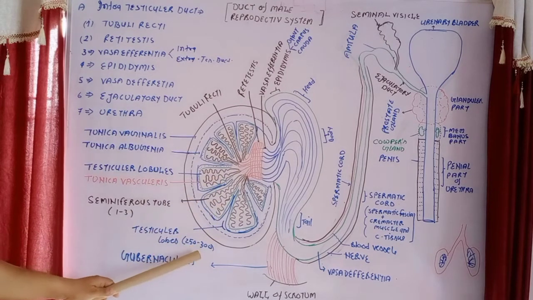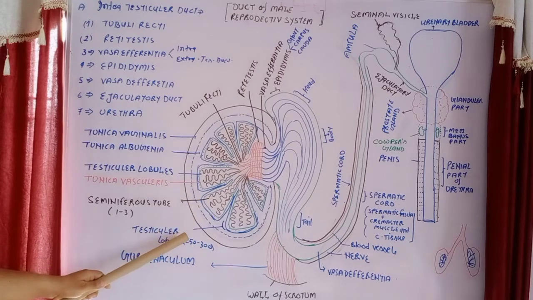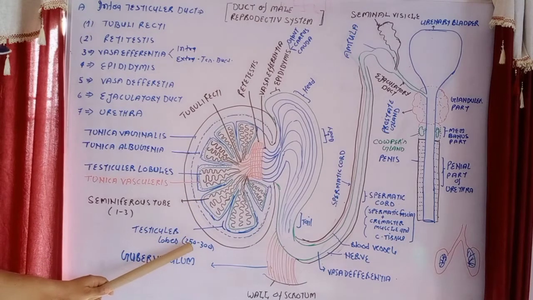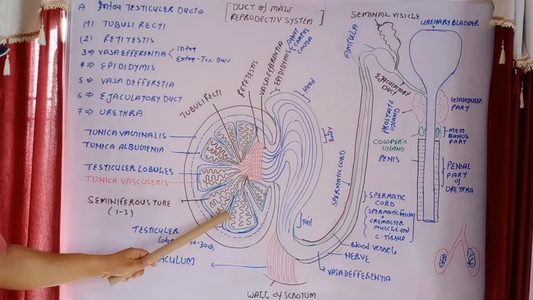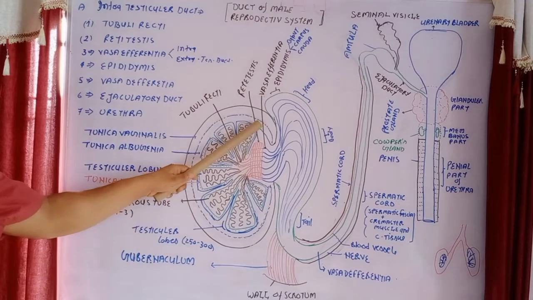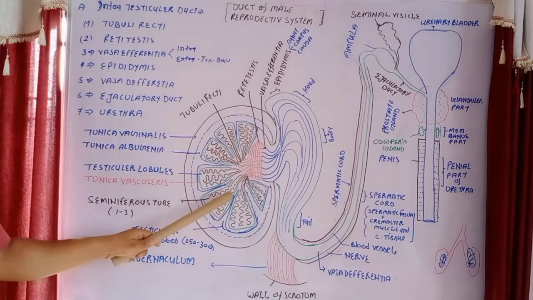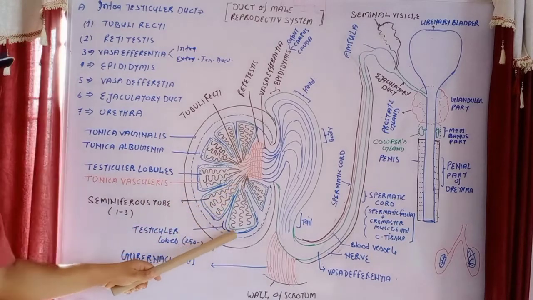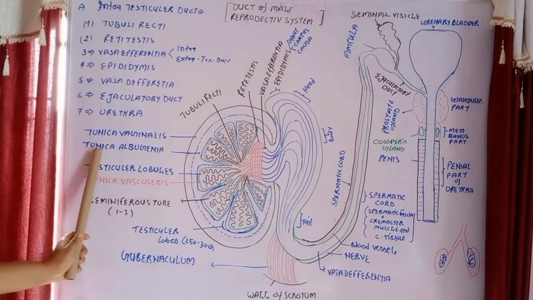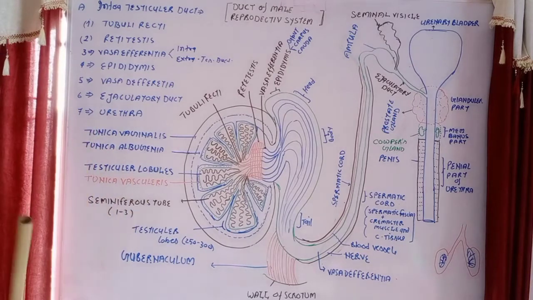If the question is asked how the testicular lobules are covered, this is again part of the tunica albuginea. That's why each testicular lobule is also surrounded by the tunica albuginea. This point is very important.